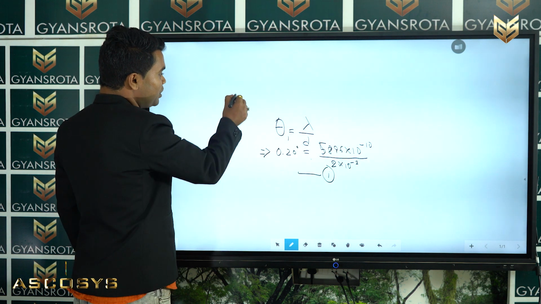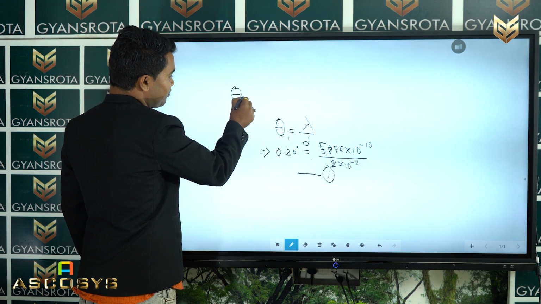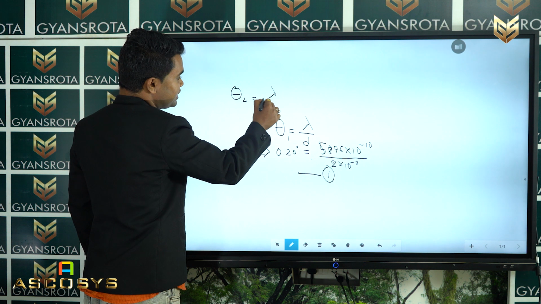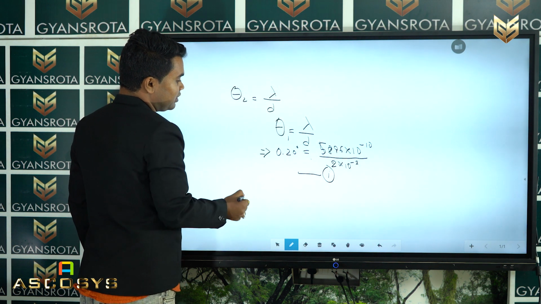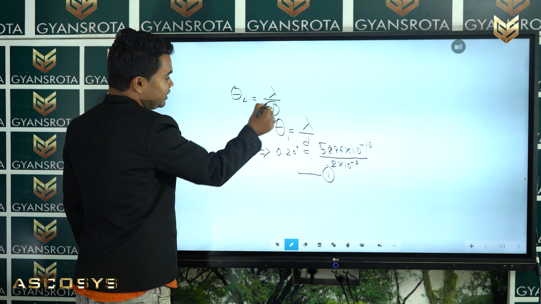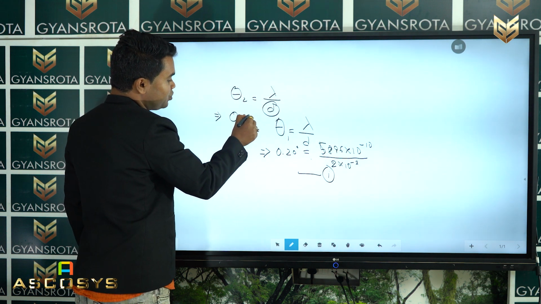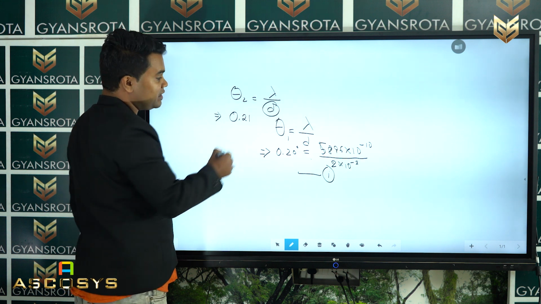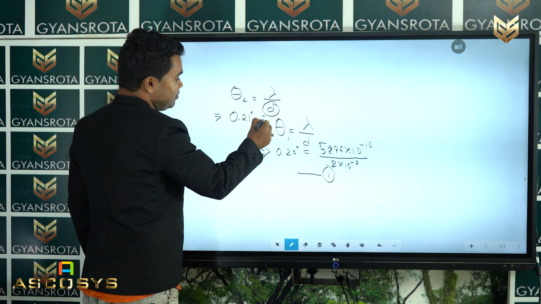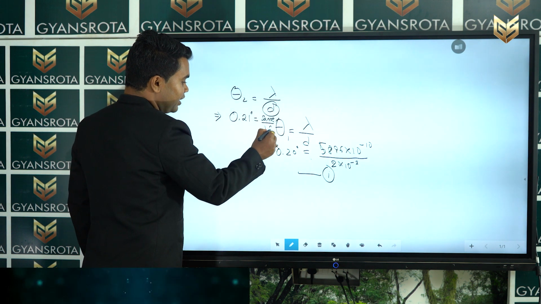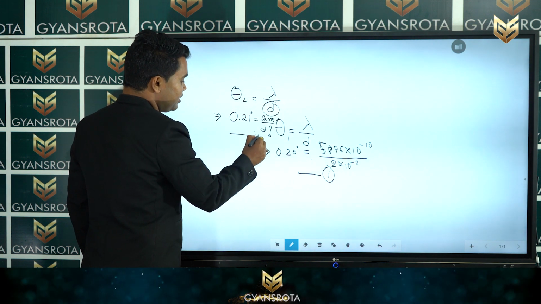Now again, how much will be the d if angle is now changed for the same lambda, and you have to find out d. Theta 2 is now 0.21, right? Now lambda is same and d is what we need to find out. Put it equation number 2.